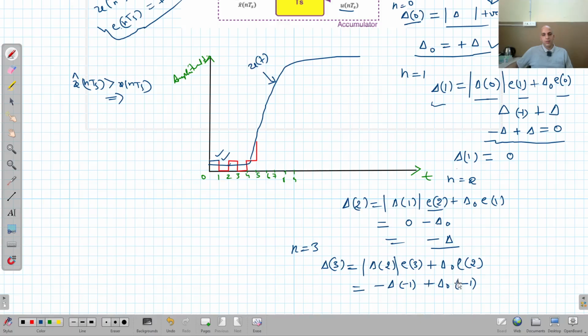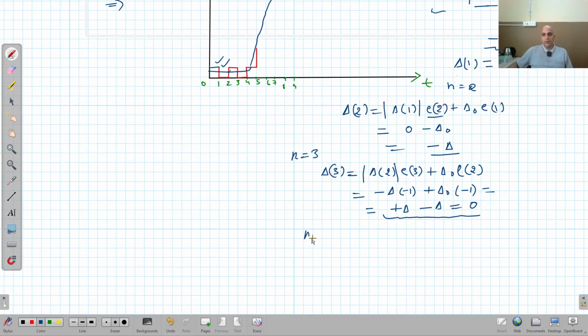So now minus minus gives plus, plus delta, and minus delta naught means delta minus delta. So it is equal to 0, right? So you got the same thing again. For n is equal to 3, the step size delta 3 is equal to 0.